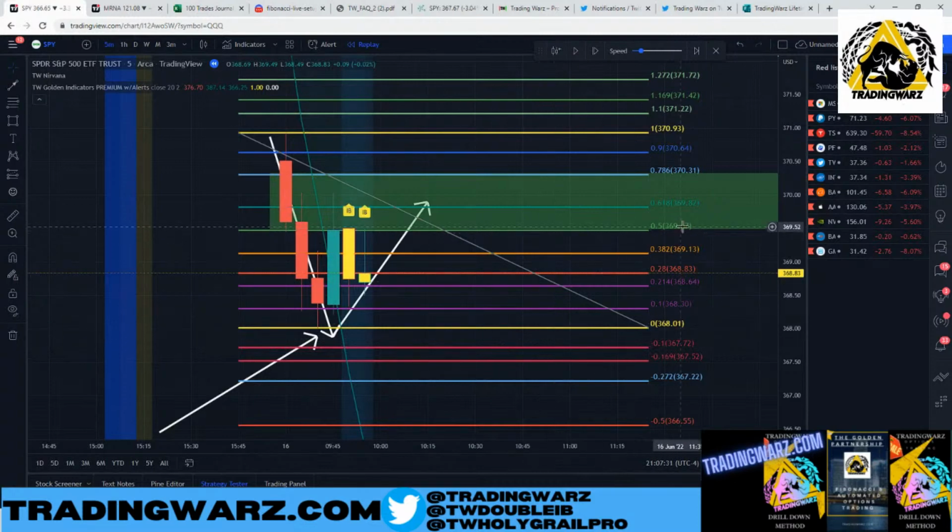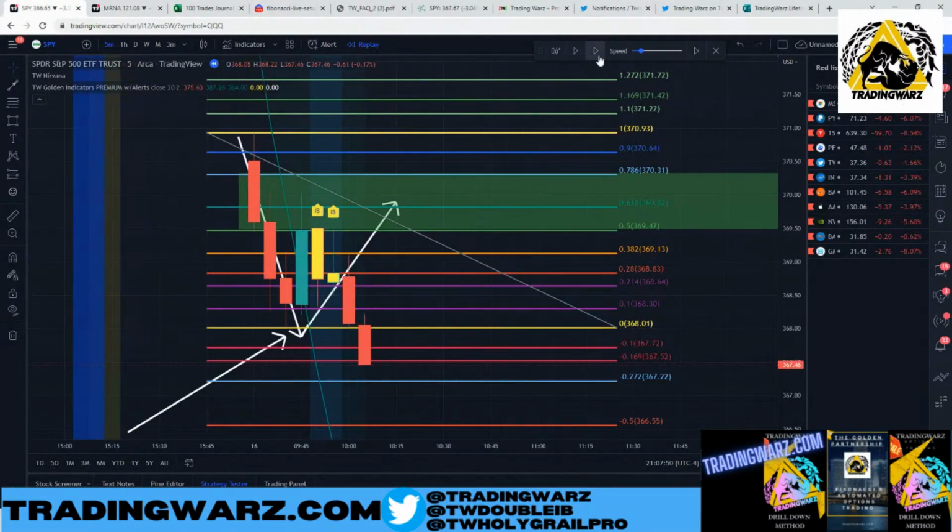Watch this. So the 50% is 369.47. The high of this candle is 369.49, literally 2 pennies, because the algorithm is basically saying this is the floor. It's not going to go above this. We're here. We're ready. We have a double inside bar, which is a confirmation showing you that we're consolidating. And then check this out. Flush right down. And that's all you need right here, guys.